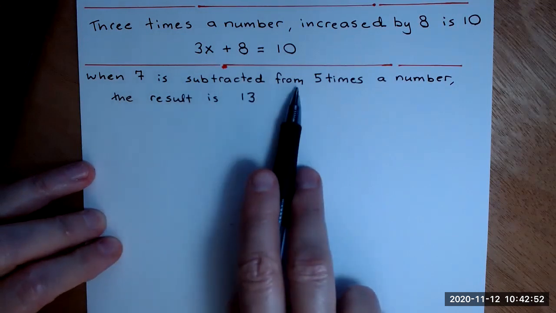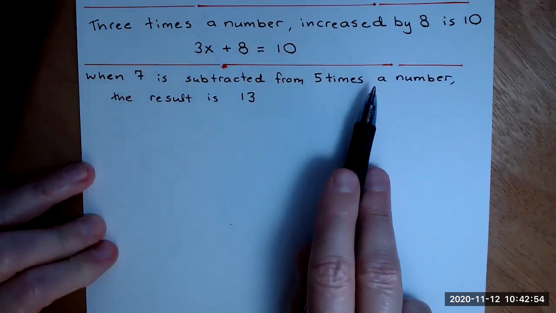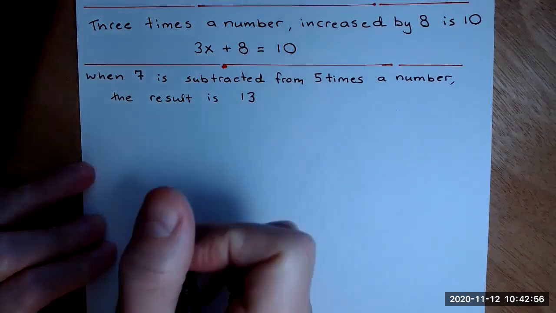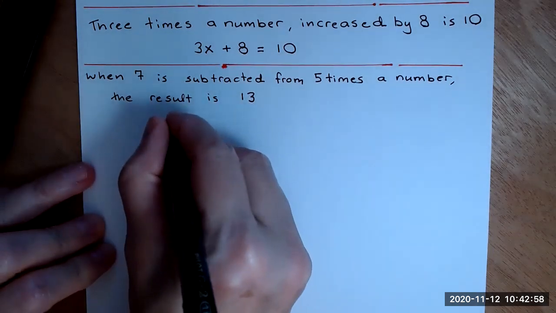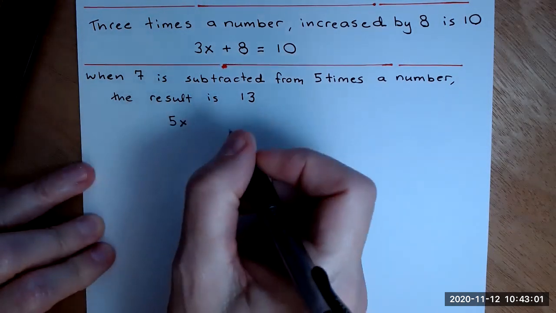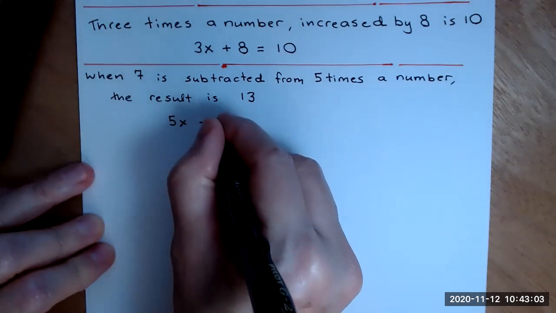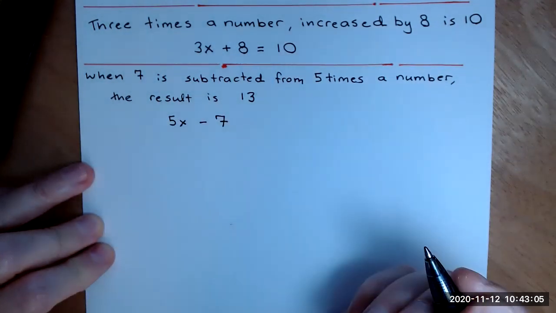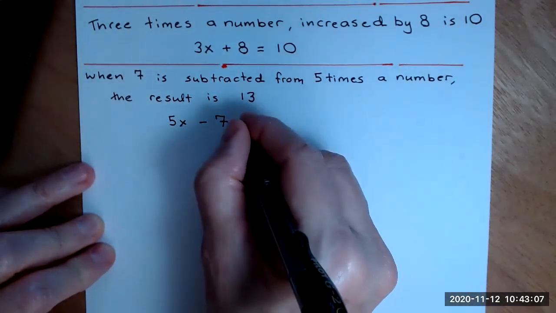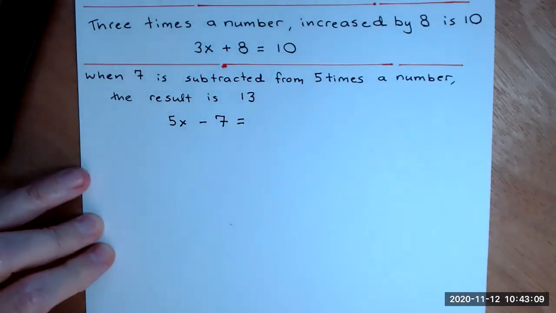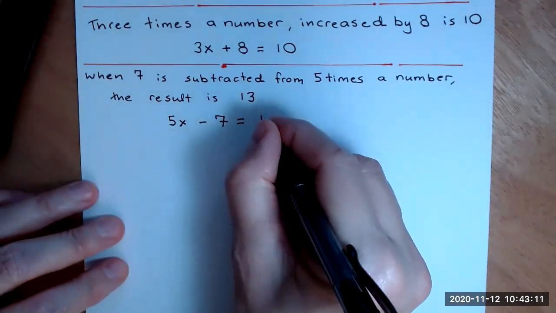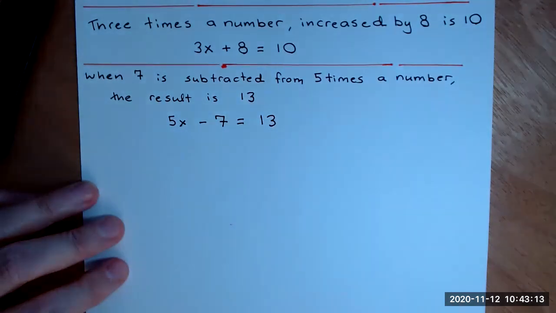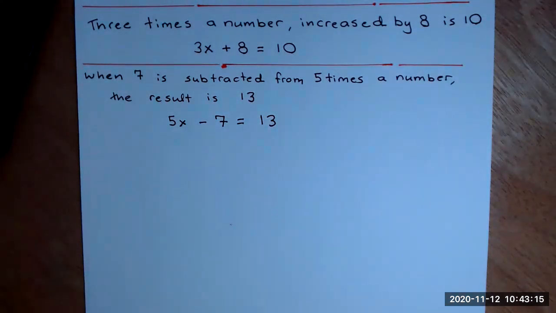So subtracted from, that's the one where we have to change the order. So you have 5 times a number, and then 7 is subtracted from that. And the result is, that's equals 13. Let's try another.